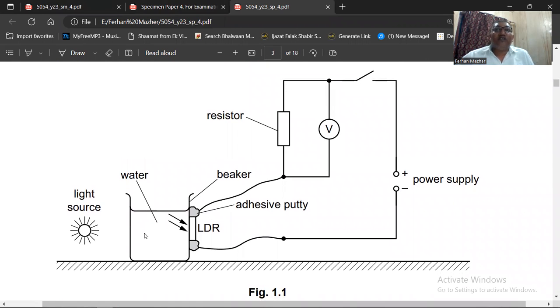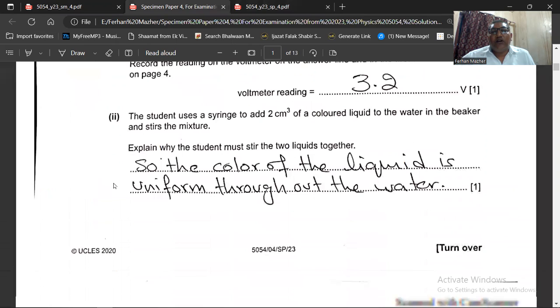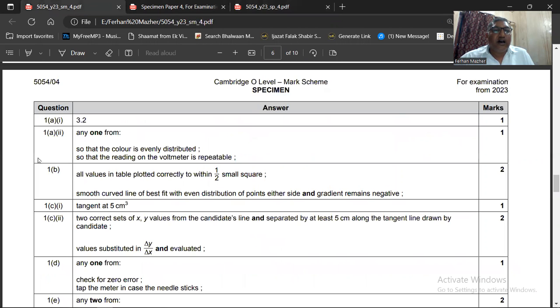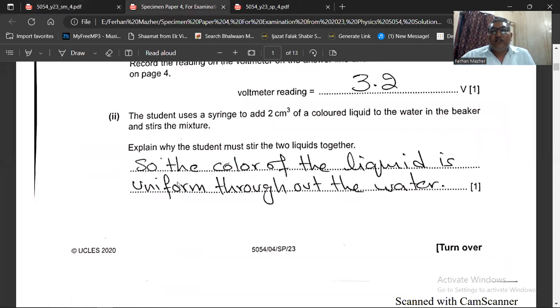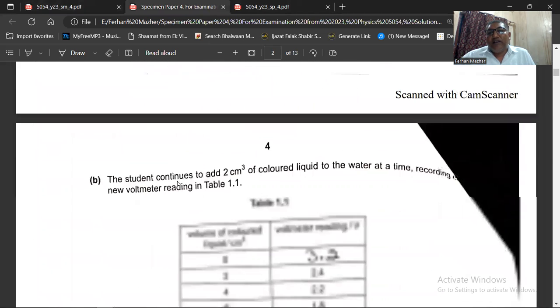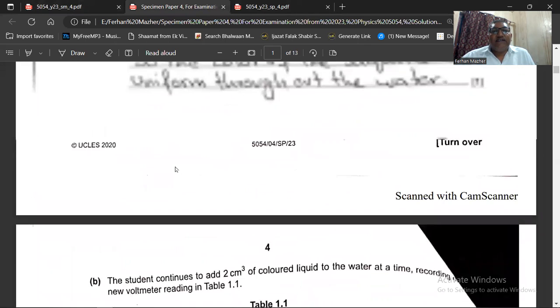Why does he stir it? To make sure that the color is uniform throughout the body of the liquid. So our answer is that the color of the liquid is uniform throughout the water. Another suggestion is that the color is evenly distributed so that the reading on the voltmeter is repeatable, so you can repeat the reading. So this is my answer.